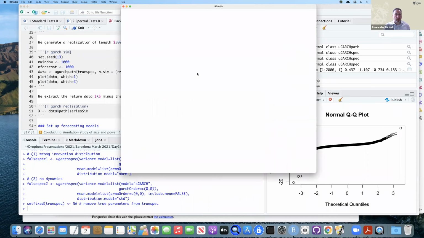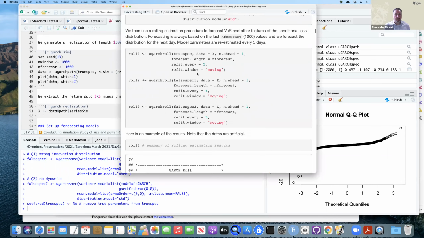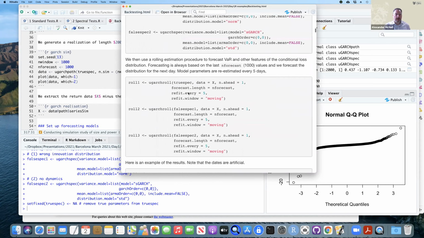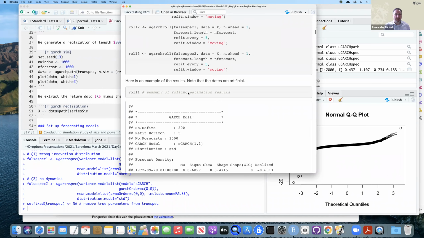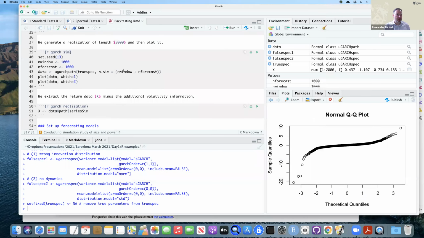There's a bit more detail in here, the description of the setup of the forecasting models. And now I'm going to explain the rolling estimation procedure. So I've written it down, but let me go back to my script.